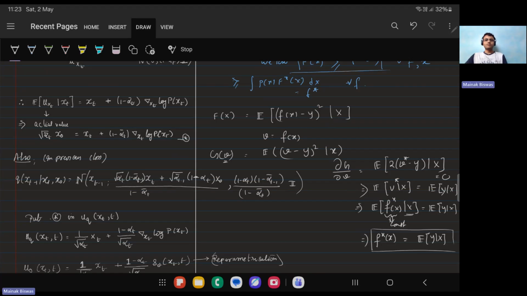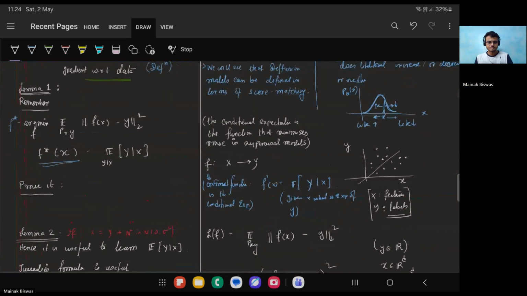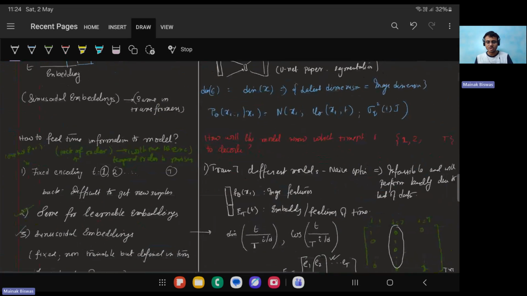So now we can clearly see that the optimal function for the root mean square error is the conditional expectation. So it's often very, very important. For example, we have this in our loss function as well.